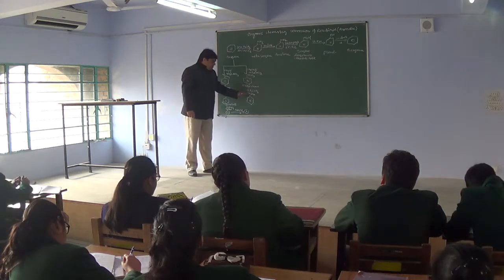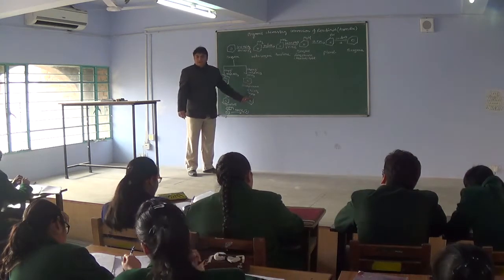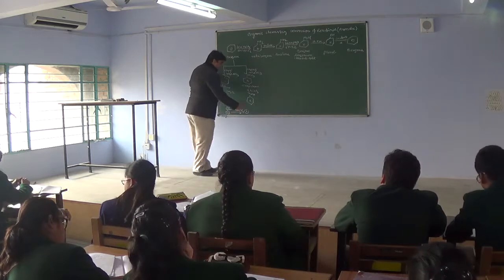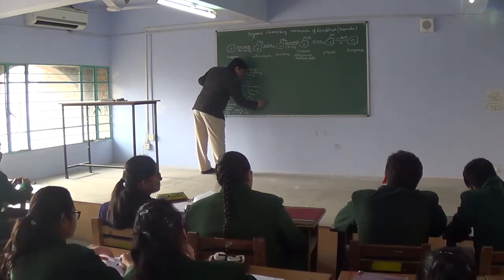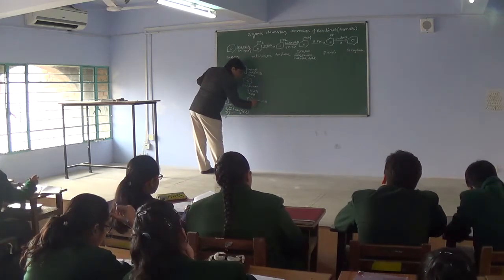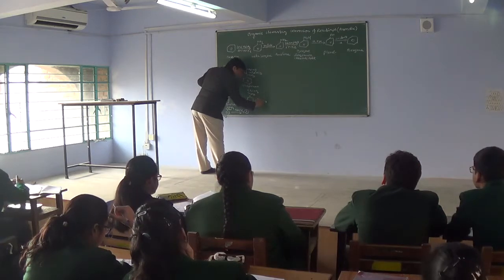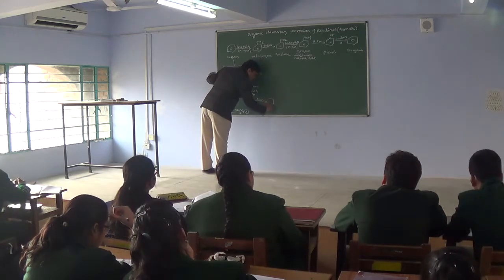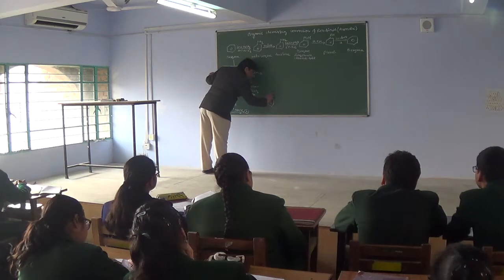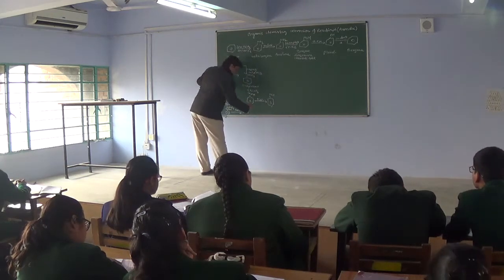We can introduce some more functional groups right after this benzoic acid. What are they? PCl5. We get COCl, benzoyl chloride.